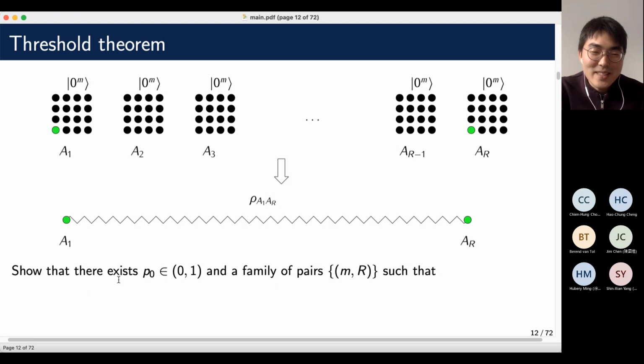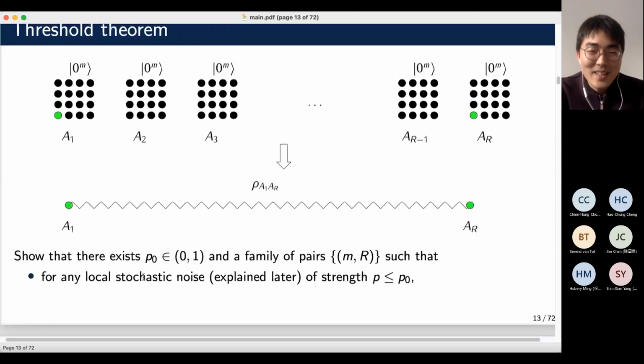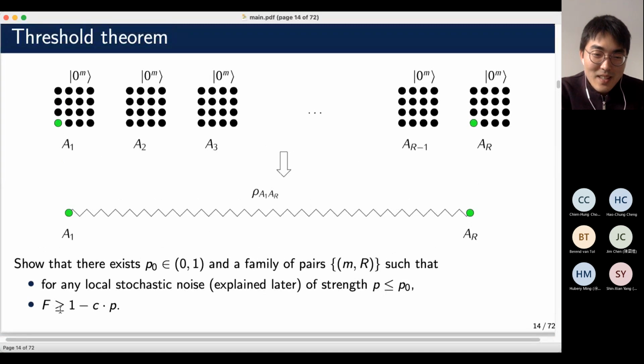We show that there is some number P0 between 0 and 1, and a family of pairs M and R, such that for any local stochastic noise of strength P less than or equal to P0, the fidelity is greater than 1 minus C times P. So here, I will repeat, F is the measure of how close the final state rho A1 and A are to the Bell state.